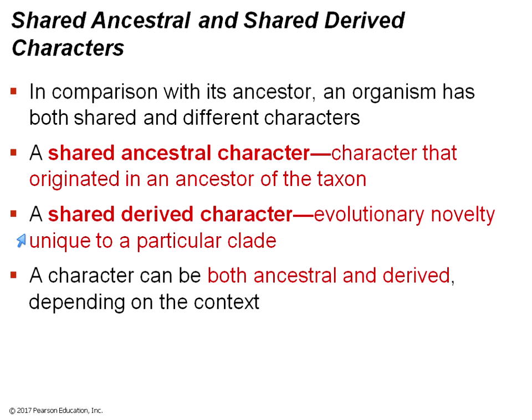So it says here, evolutionary novelty unique to a particular clade. When you're building these phylogenies, you look at both ancestral and derived characteristics, and sometimes a character can be both ancestral and derived depending upon which way you look at it. It's not always simple.